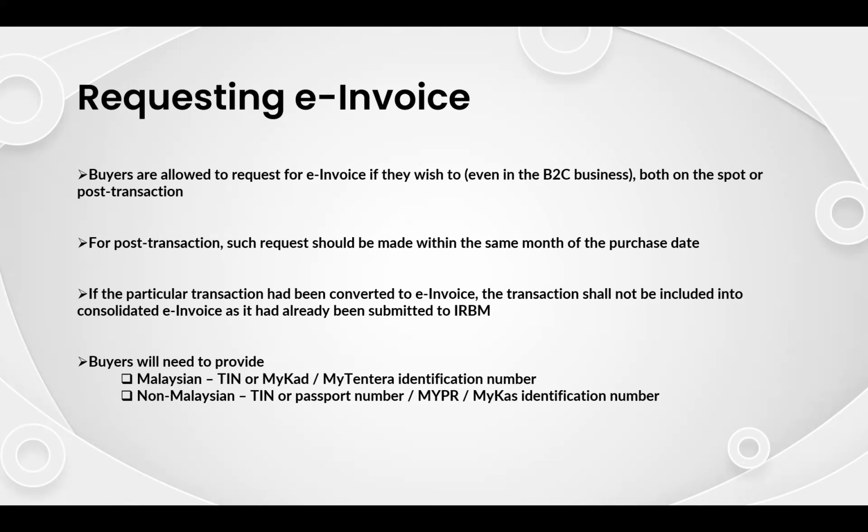Okay, if you go back in the month of June, the normal receipt can be converted to an e-invoice, and they can give you an e-invoice on the spot. But if you go back one month later or two months later, then sorry lah. The restaurant may reject your request. So please remind your salespersons or your company's colleagues to get the e-invoice in the same month. Okay.